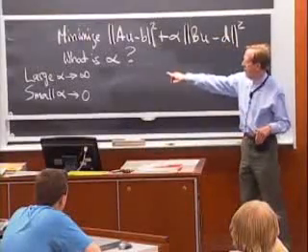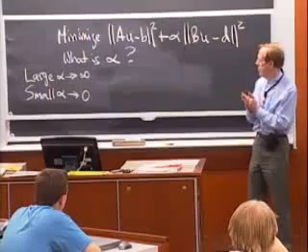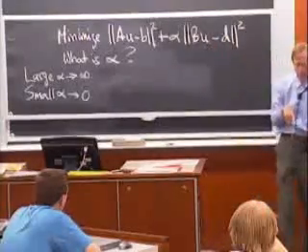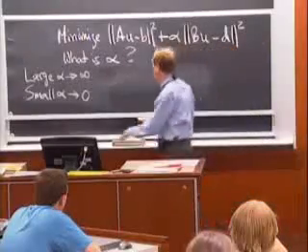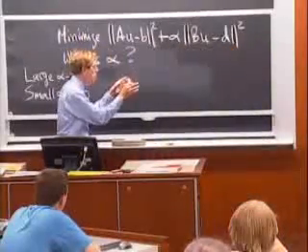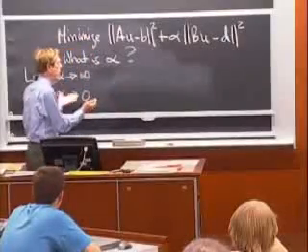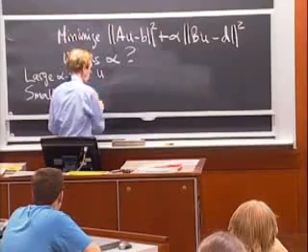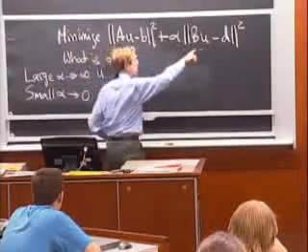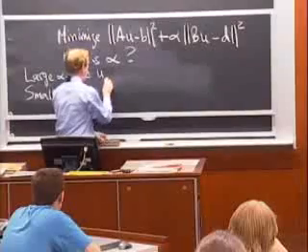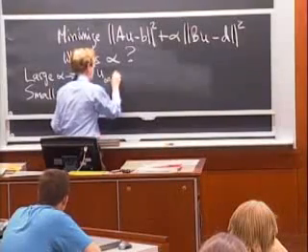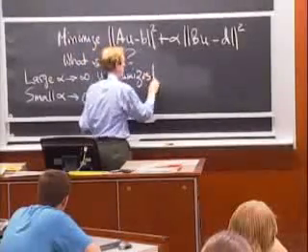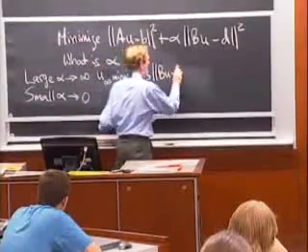I'll write down a reminder now. What happened when alpha went to infinity? When alpha went to infinity, it enforced this part as the important part. So as alpha went to infinity, the limit was u infinity, as I call it. So u infinity was a minimizer of this one. U infinity minimized bu minus d squared.